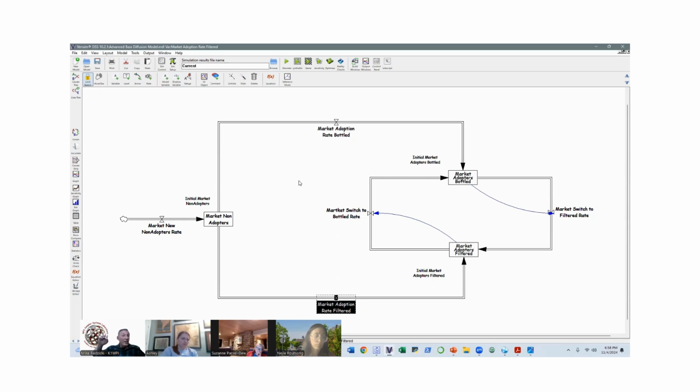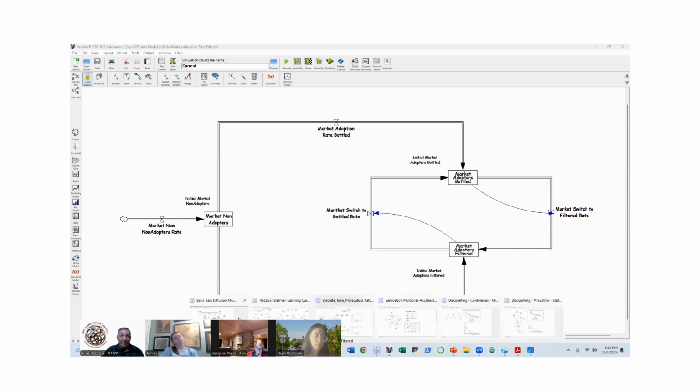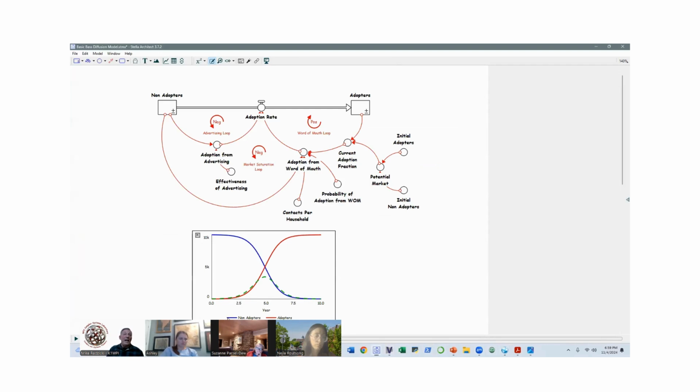But the point is, notice the start was adopters and non-adopters. The intellectual starting point was the Bass model, but the Bass model wasn't adequate. But by the way, I forgot to point this out. With the traditional Bass model, Frank Bass assumed that when you became an adopter, you also bought the durable good.